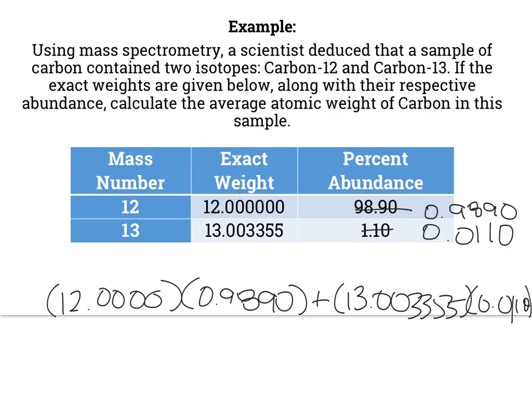Yes, you need all the numbers. If you didn't need them, they wouldn't have given them to you. When you multiply those out and add them together, you get 12.011, 0 technically. All right, that's your answer. And that's really all you do.